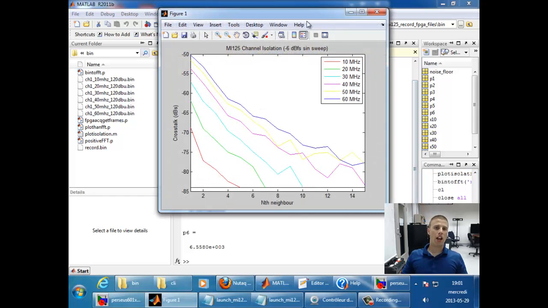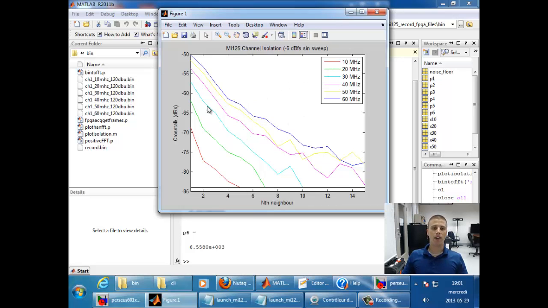And so here in this figure, I plot the crosstalk on the MI125 as a function of the nth neighbor, or how far two separate channels are from one another physically on the MI125 card. On the vertical axis I plot the crosstalk in dBs, and on the horizontal axis I plot the nth neighbor.